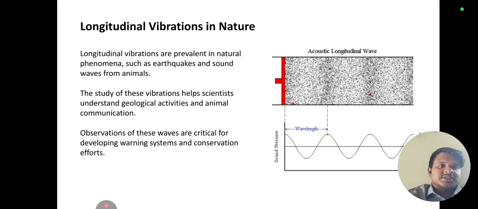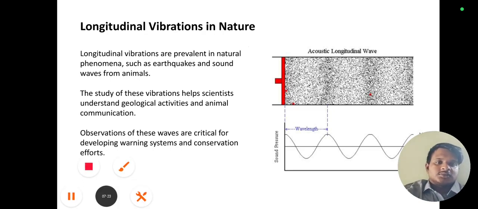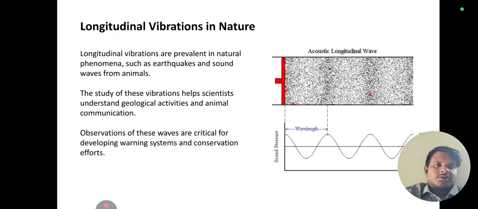Longitudinal vibrations in nature. Longitudinal vibrations are prevalent in natural phenomena such as earthquakes and sound waves from animals. The study of these vibrations helps scientists understand geological activities and animal communication.